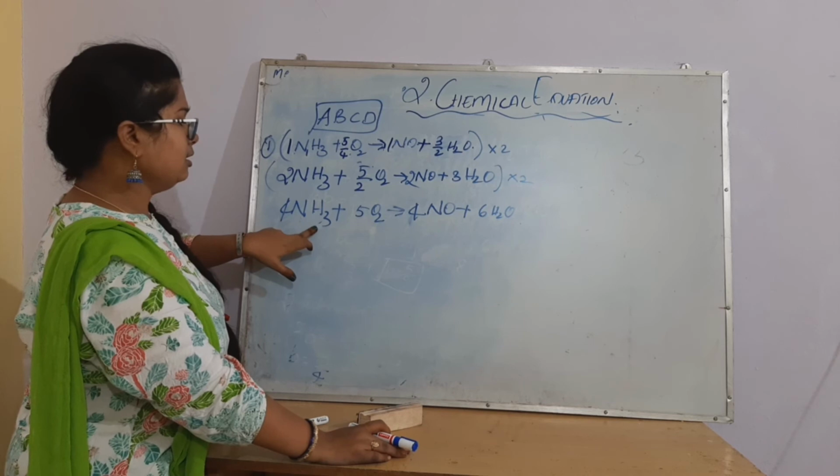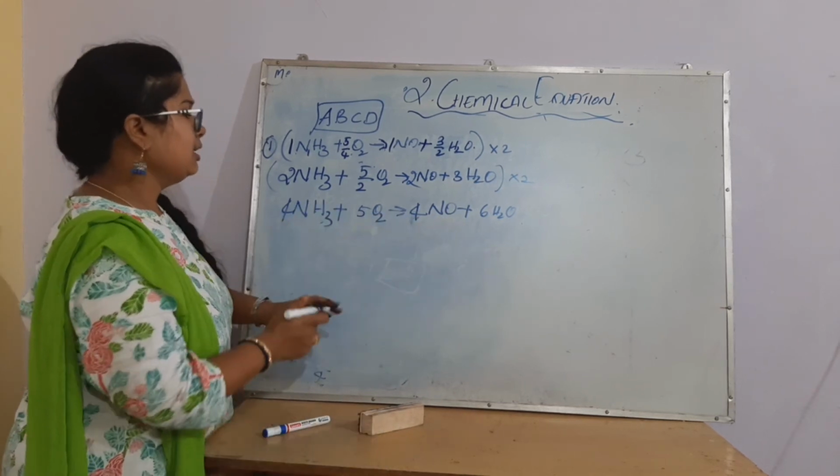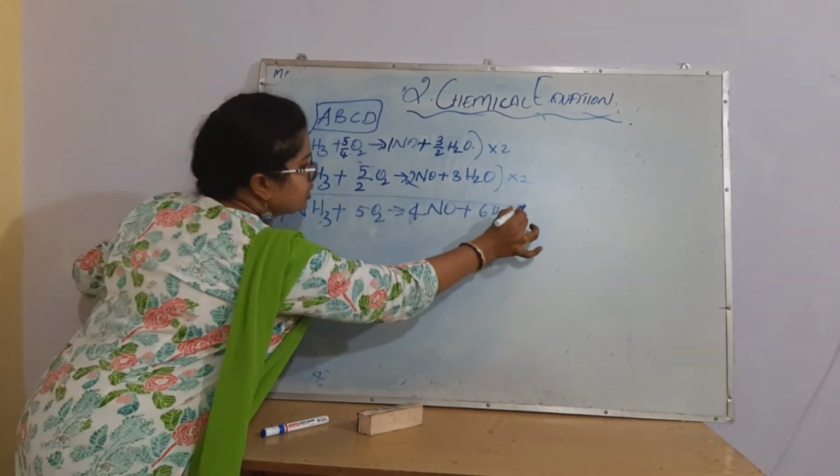Hydrogen: 4 into 3 is 12; here 6 into 2 is 12. And this is the balanced equation.